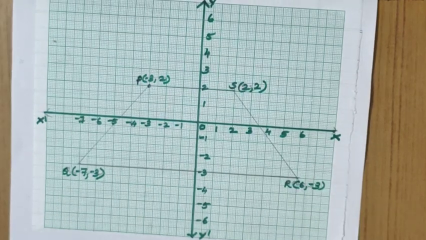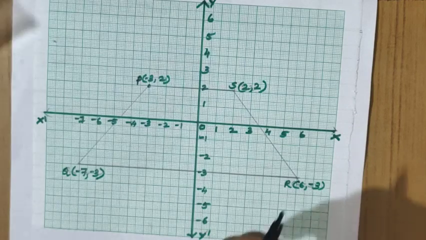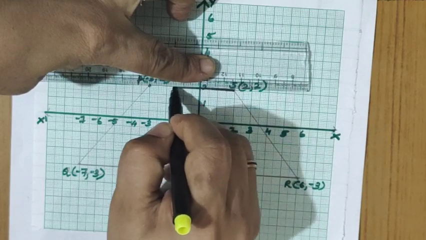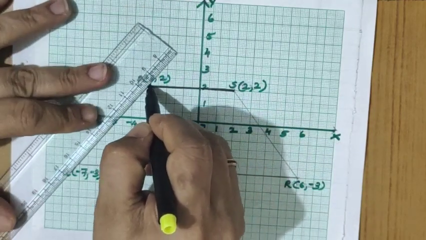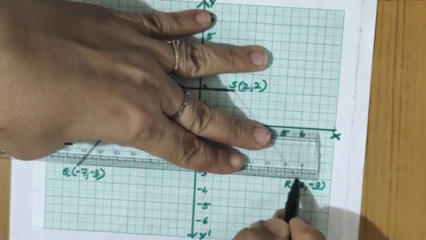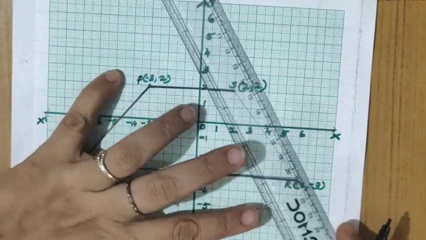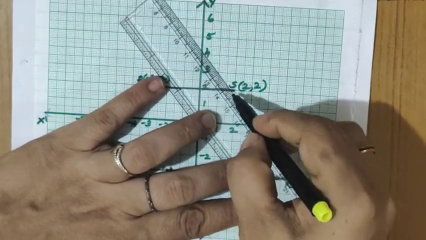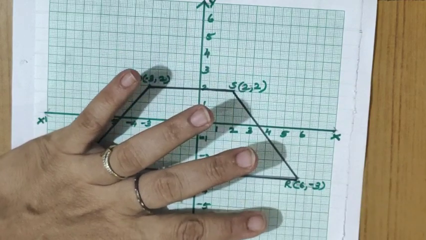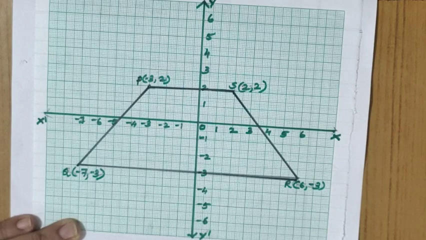We have already marked the PQRS points on the graph sheet. Now we have to join them. So we are joining them. Okay, right? So we have got PQRS. Now what is the figure obtained?